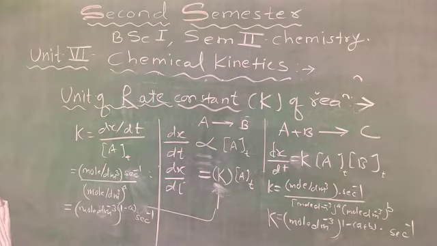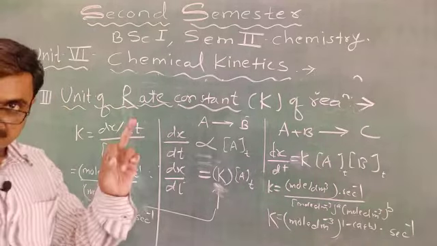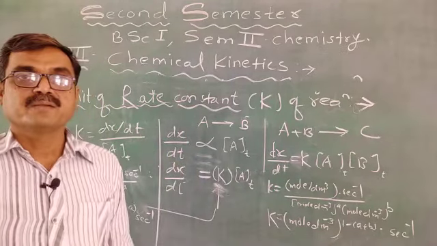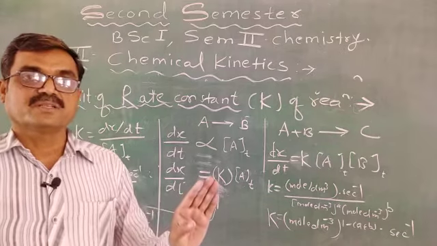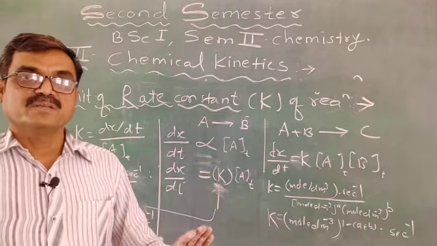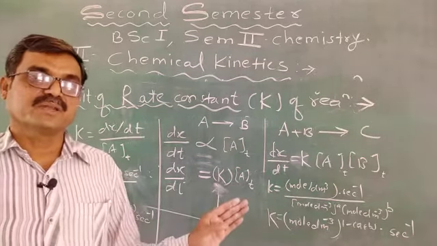Now in this period we studied three points. First point: rate, speed or velocity of reaction. What is the rate? It is the change in the concentration of reactant or product with respect to time: decrease in the concentration of reactant per unit time, or increase in the concentration of product per unit time.